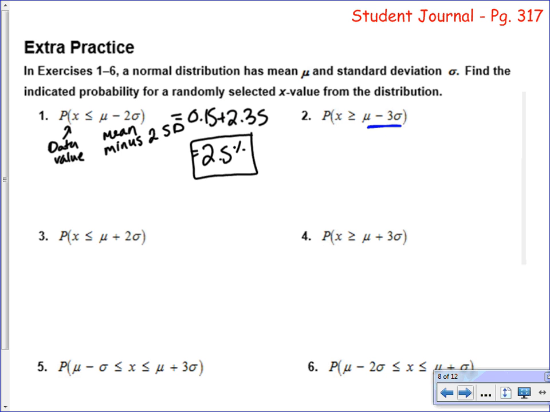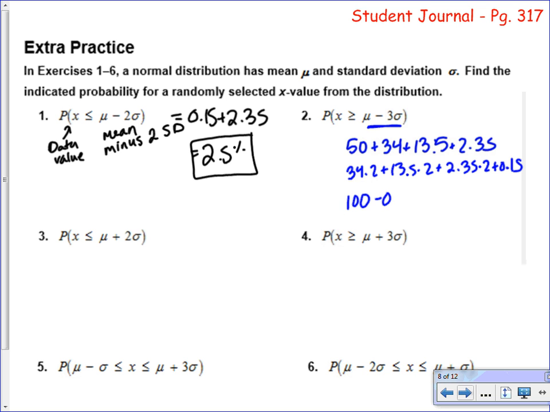So any of those will work, however you want to write it. 50 plus 34 plus 13.5 plus 2.35, or Jackson said 34 times 2 plus 13.5 times 2 plus 2.35 times 2 plus a 0.15, right? Or 100 minus 0.15. And they should all come out to be 98.5%.